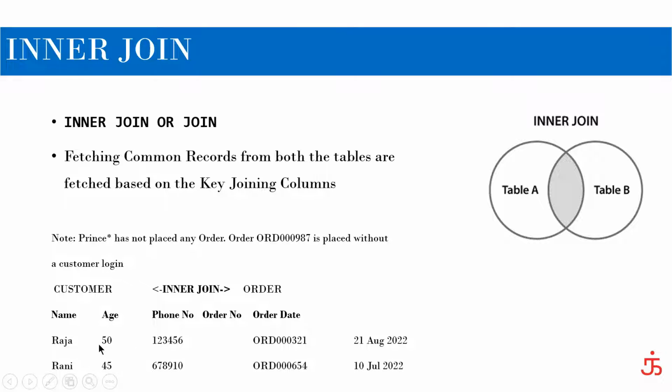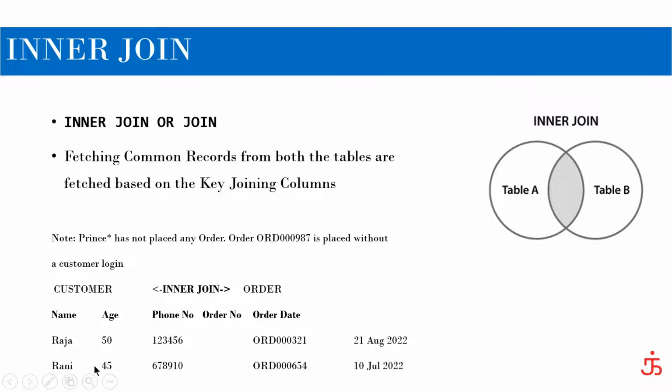So there is a customer called Raja who visited on 21st August, and this is his order number. Since Raja's information is available in both the tables, customer table as well as the order table, it is going to bring the record.